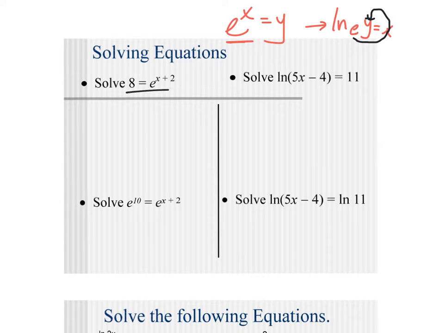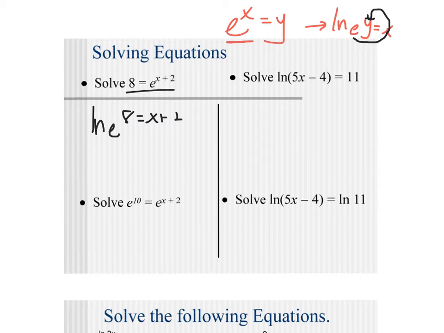So if you're trying to go from exponential to logarithmic form, it gets rid of that base. So the nice thing is if I put it in logarithmic form, I just do ln because it has a base of e. So I write my base, swap the x plus 2 and the 8. So this becomes 8. That becomes x plus 2. And then you just put it in your graphing calculator.